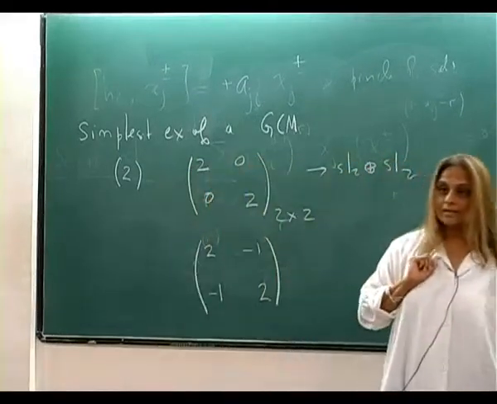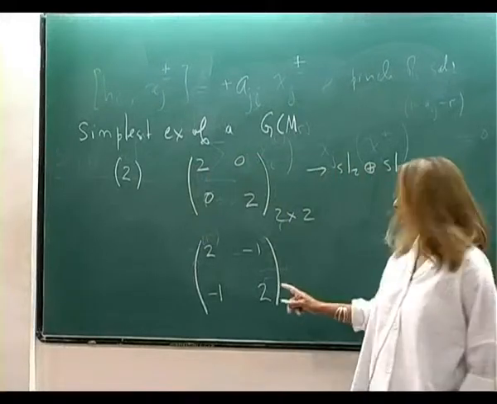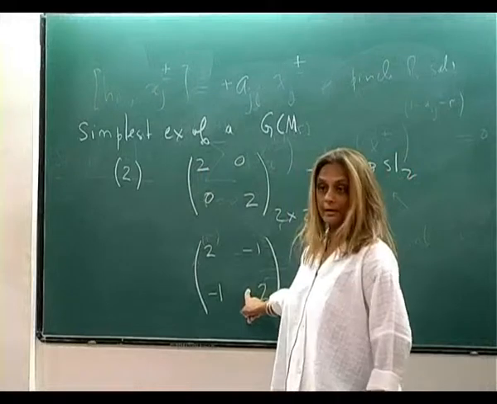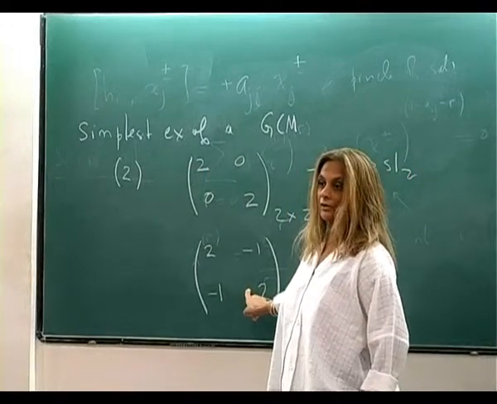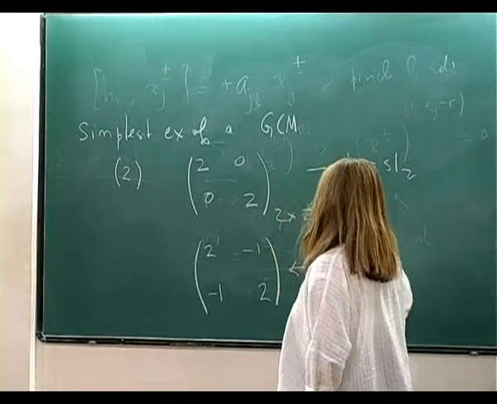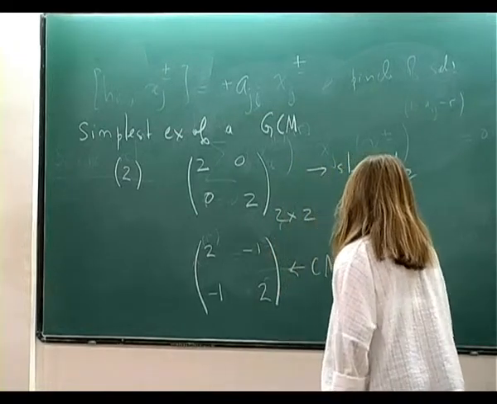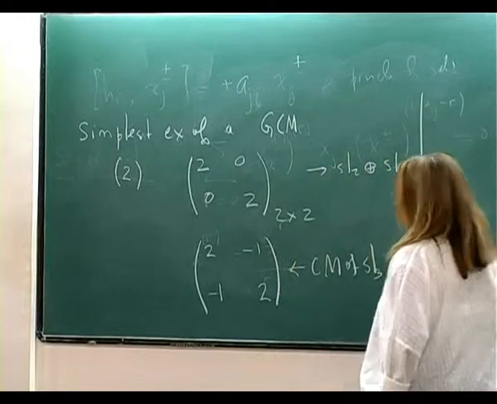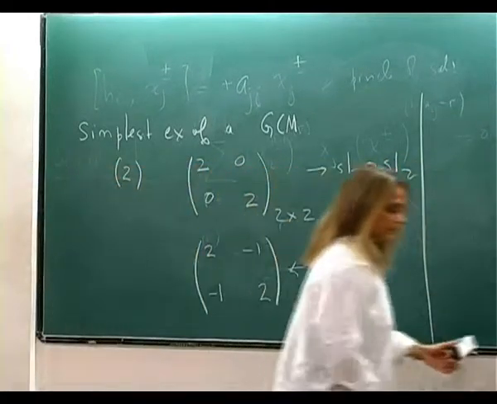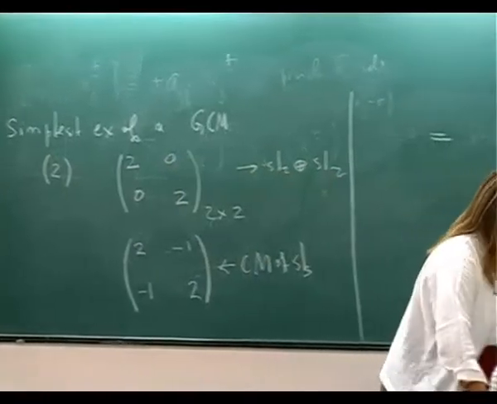Yeah? What is this, the Cartan matrix? This is actually a Cartan matrix, and it's a Cartan matrix of SL3. Okay? This is the Cartan matrix of SL3. So this is something you should be able to check. It's an exercise.